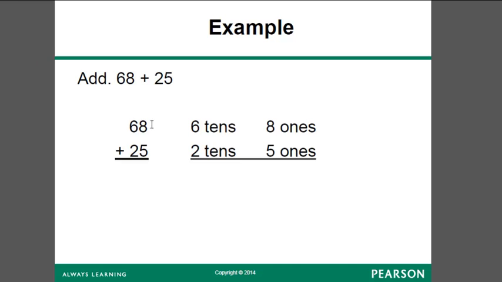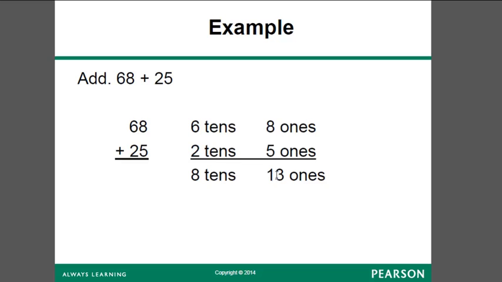The 6 is in the tens digit, the 8 is in the ones digit. So if I add the ones digits, that's 8 plus 5, that would give me 13 ones. 6 and 2 would give me 8 tens, as you see here. But I can't have a double digit here. That gives me a problem.